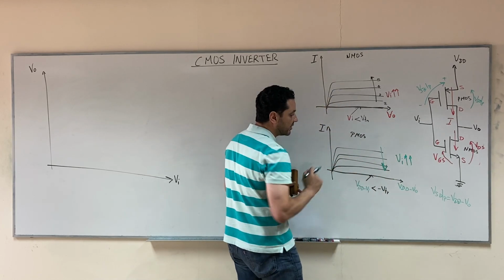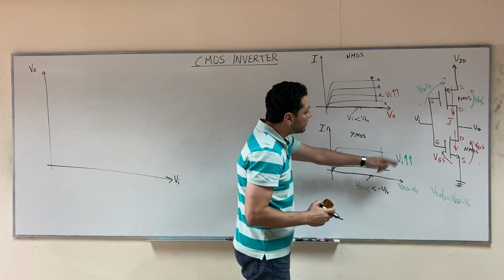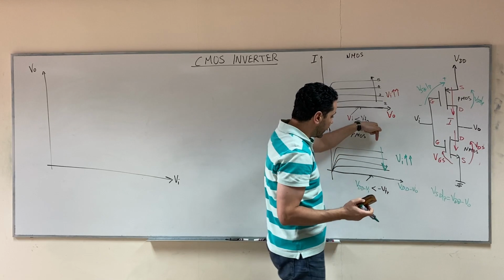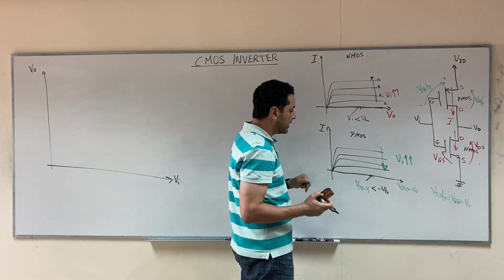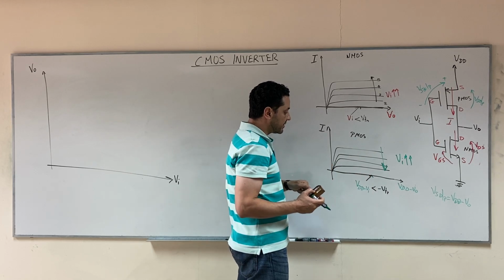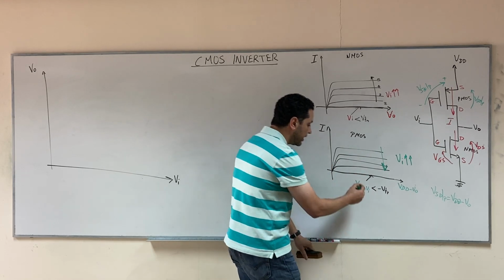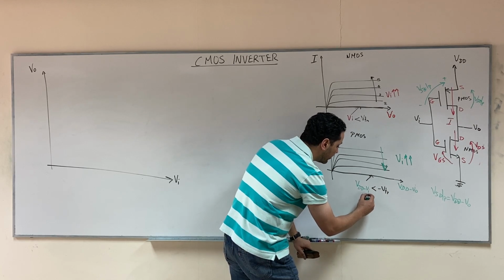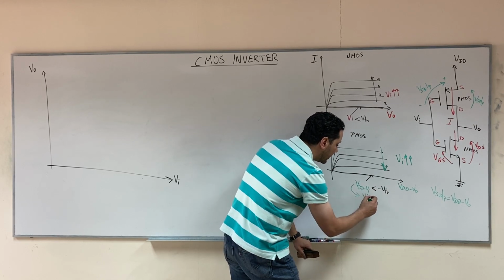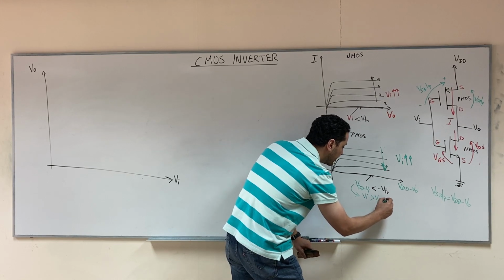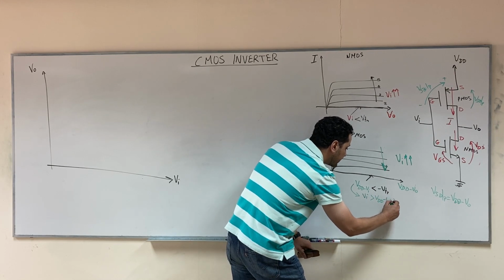The curve will go down, right? Because as V input increases, VSG decreases, and hence you will go down. So as V input increases, you will go down in the curves until you reach where? Until V input is higher than VDD minus negative V threshold.